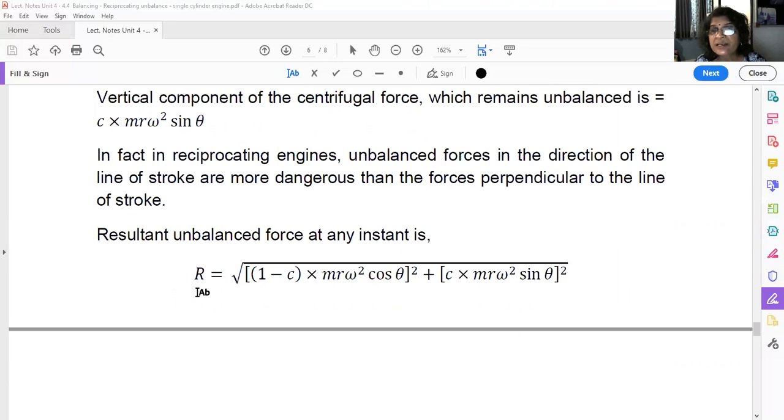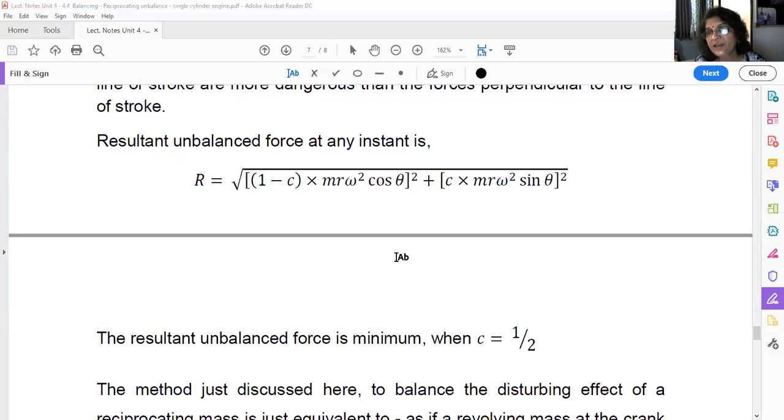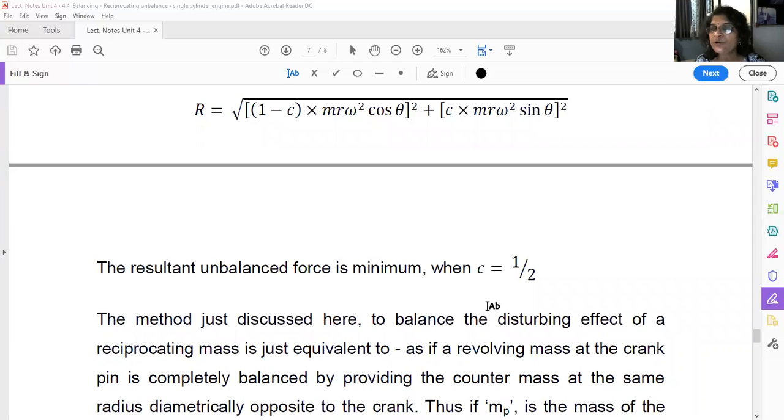So R, the resultant unbalanced force, is equal to the square root of 1 minus C MR omega square cos theta, bracket square, plus C MR omega square sine theta, bracket square. The resultant unbalanced force is minimum when C is equal to 1/2. Every designer will take a different value, usually falling between 1/2 to 2/3.